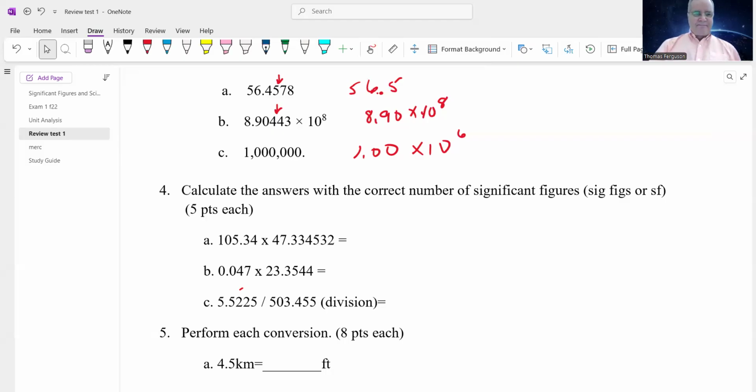These are multiplying and dividing. Okay, so we have 5 sig figs. And a whole bunch here. We got 2, 4, 8. So our answer is going to have 5.